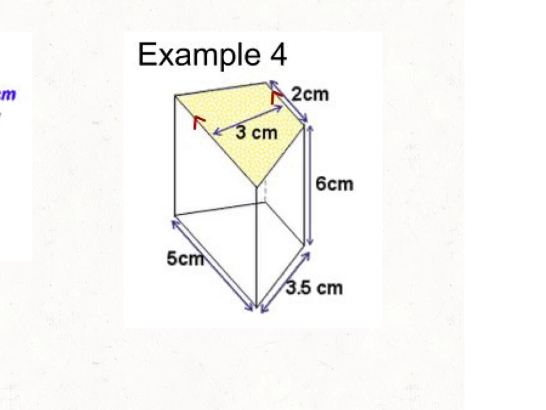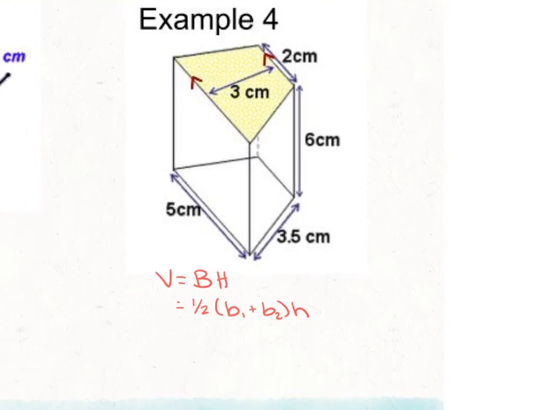Finally, I've got a trapezoid as my base. So my volume will still be area of that base times height of the prism. But this time I'm using that 1/2 base 1 plus base 2 times the height of the trapezoid that we learned in AV1, and then times the height of the prism.